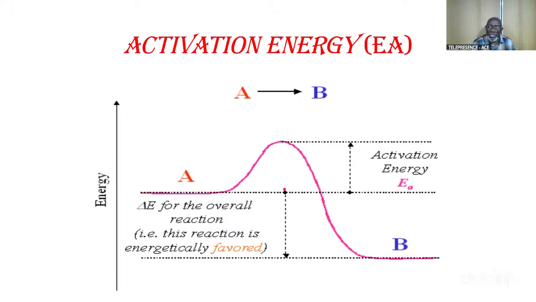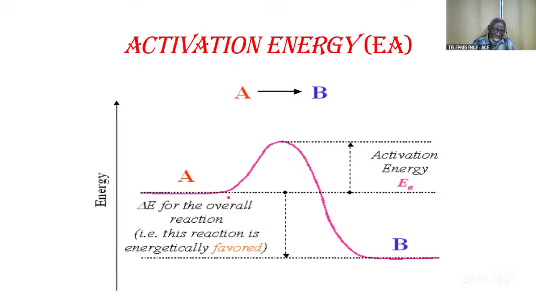It is this minimum energy that then allows them to react to form B. So for any reaction A to get to B, they must have the activation energy, that minimum energy, and then they will go. If they get over here and the energy stops, they will bounce back. They won't get to the reaction.